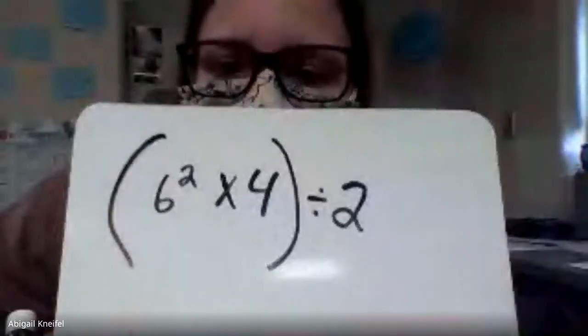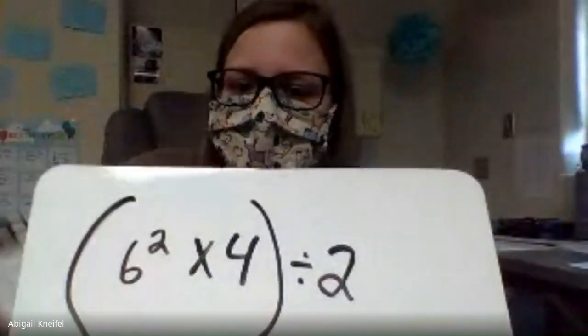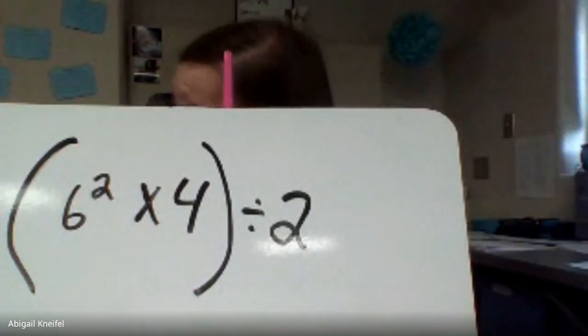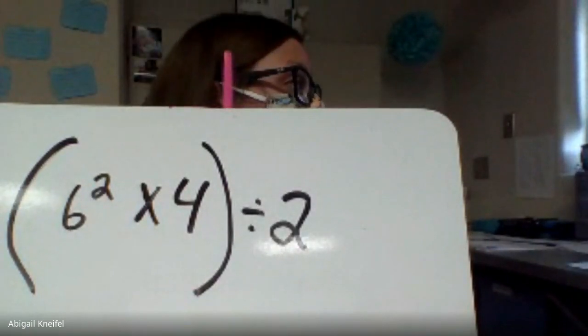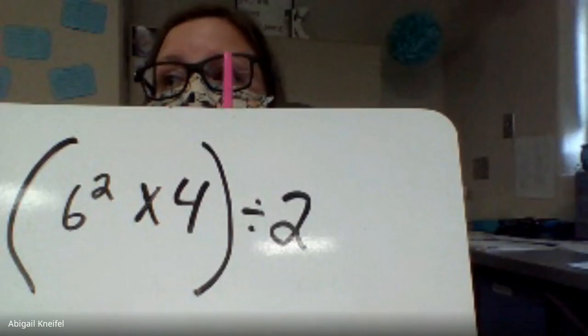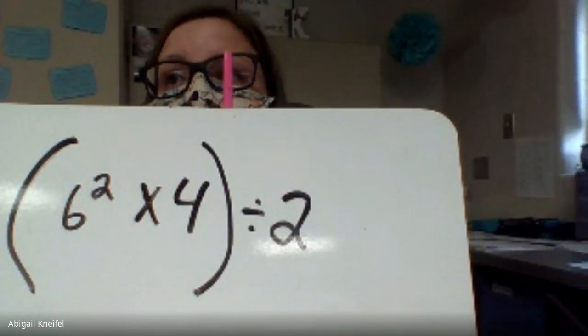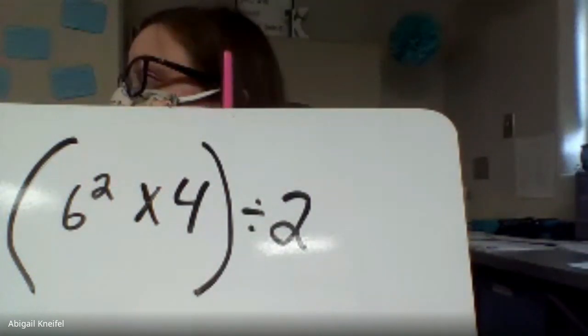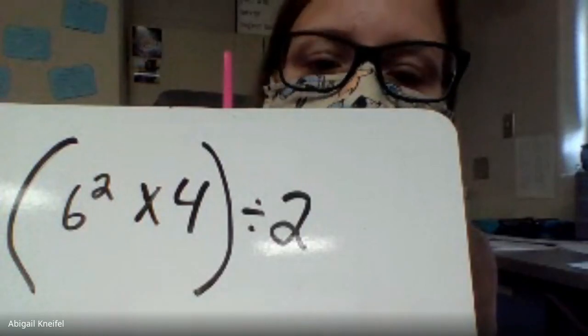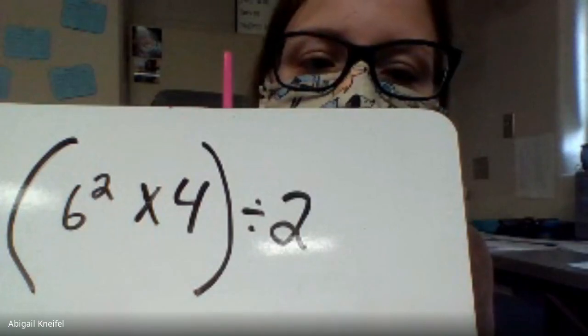Okay. 6 to the second power times 4 in parentheses, then divided by 2. Think about order of operations.